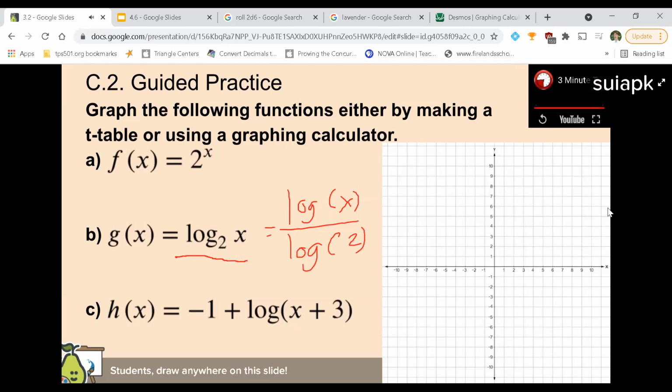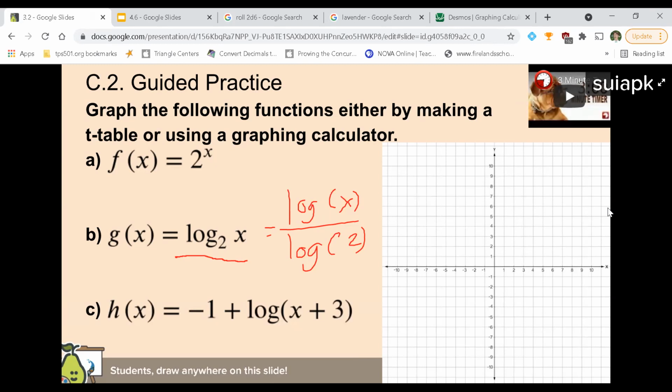Is this supposed to look like this? That looks good. Well, you're graphing all three at the same time. That's pretty spicy. This is good.